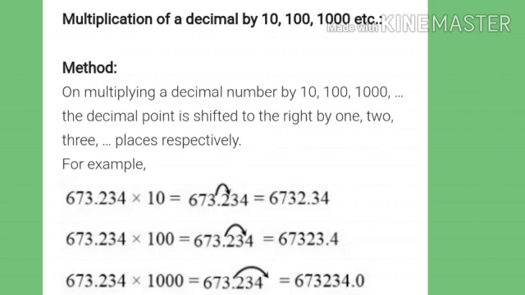Previously the decimal point was before 2, and after multiplying by 10 it will shift one place to the right and it will be after 2. So the product is 6732.34.